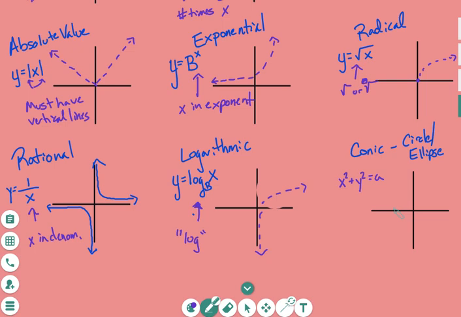Now these graphs will form, obviously, a circle or an ellipse. So the unique piece for us here is that we're going to see that multiple squared going on, where there's not just an x that's being squared, but both x and y are squared.